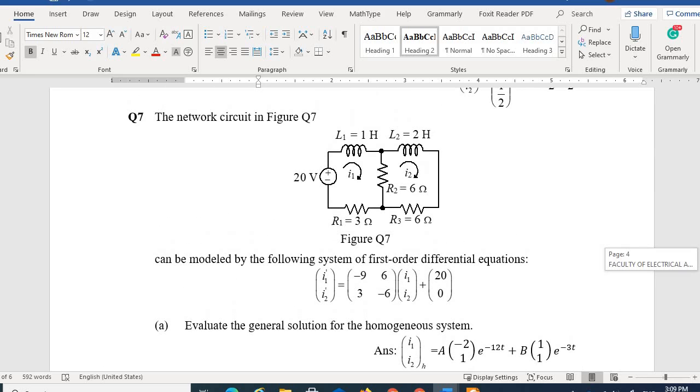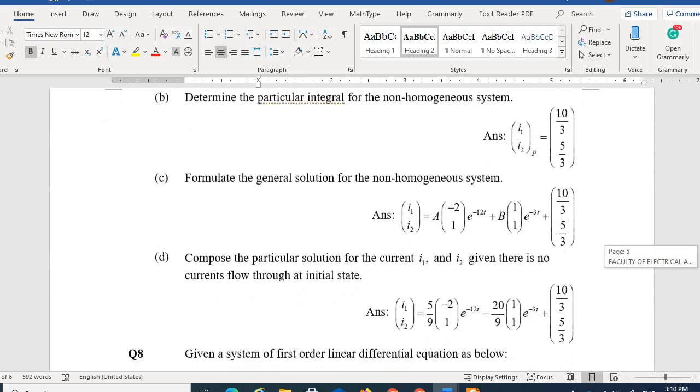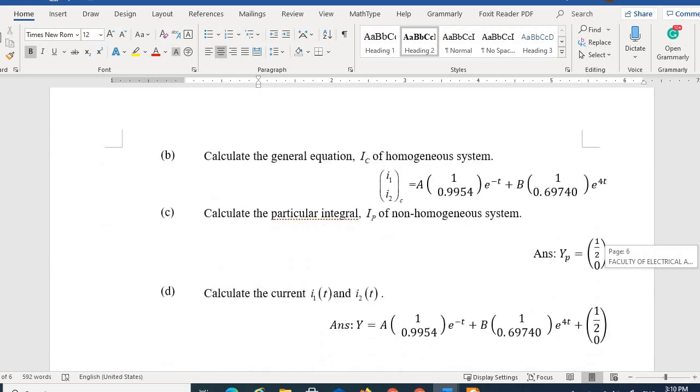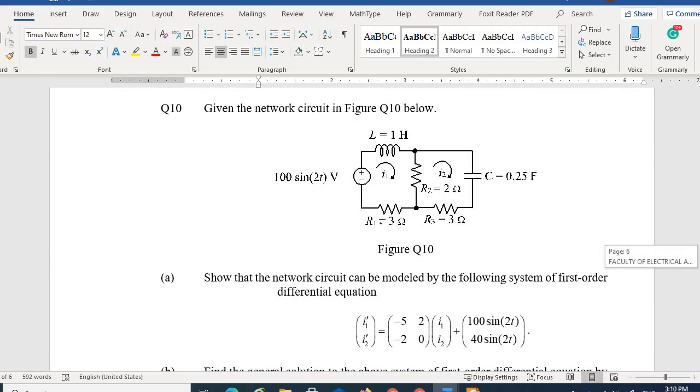If they didn't ask you to show that the application of the network circuit can be modeled as a non-homogeneous system, then you need not show it, you can directly solve it. But for question 10, the question wants you to show.